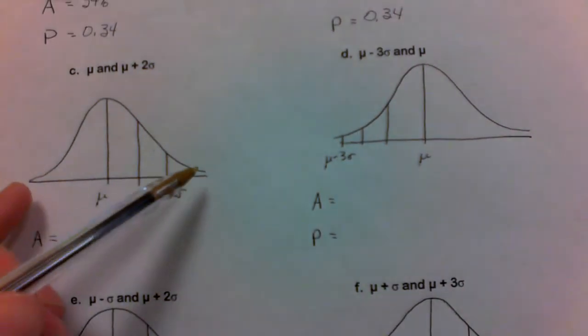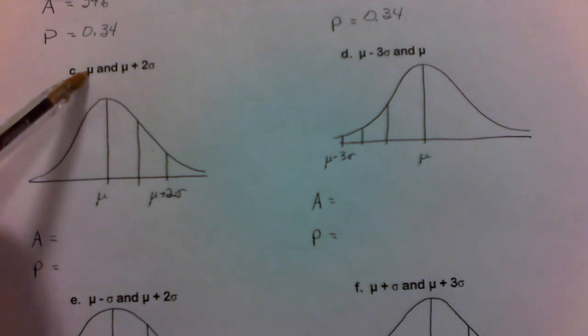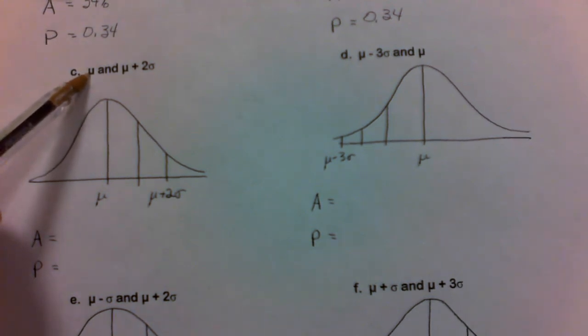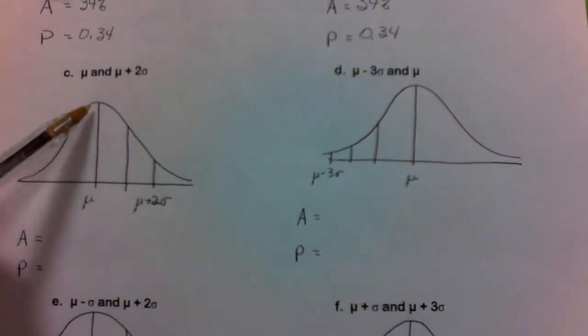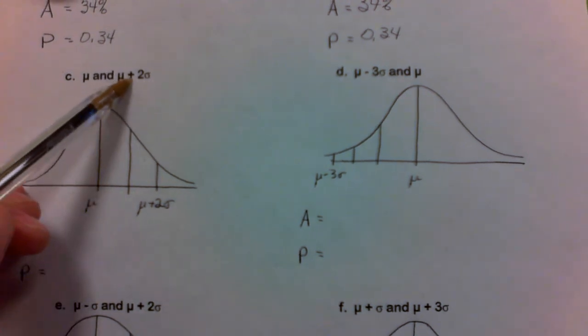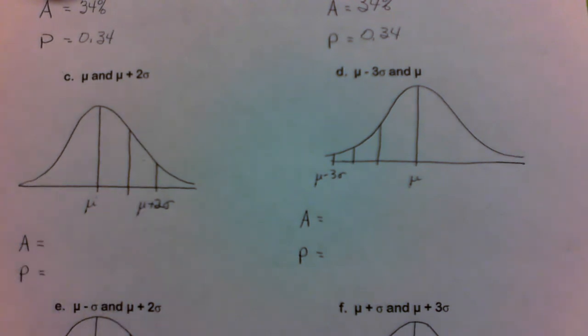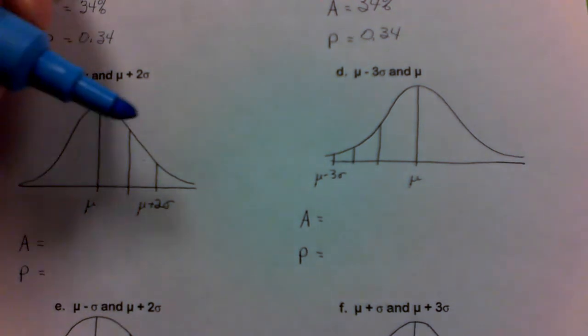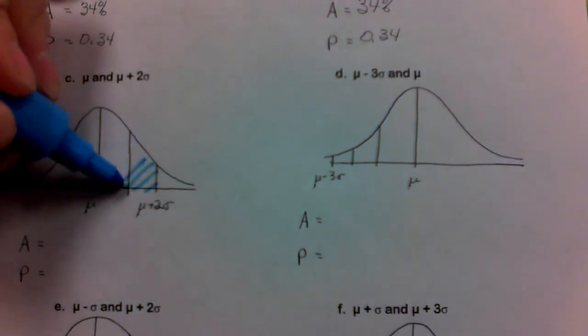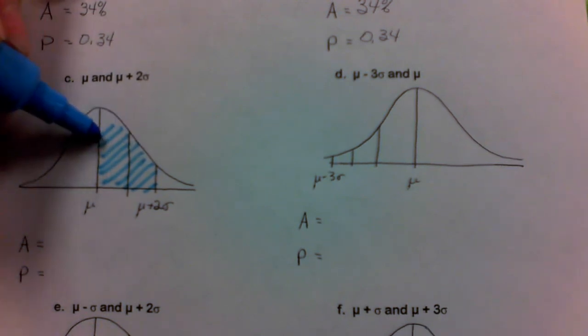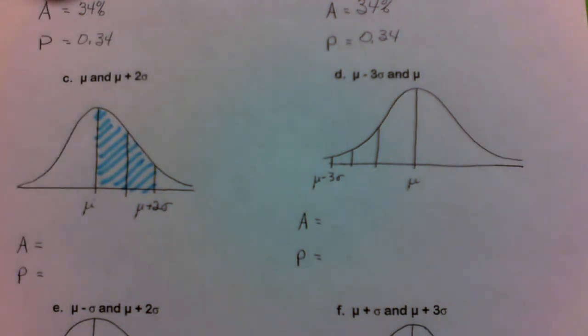All right, so I've drawn the normal curve, and my vertical boundary lines are going to be mu, which is right here, and then mu plus 2 standard deviations. So I went over 1, 2, and I drew the vertical line. Now I am going to shade the area between these two.